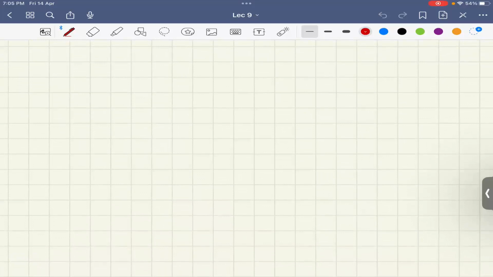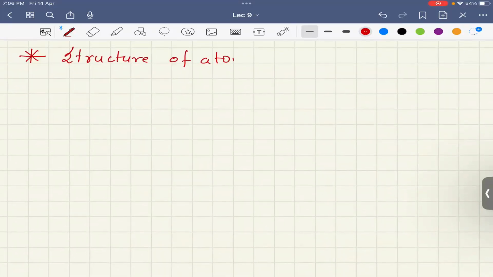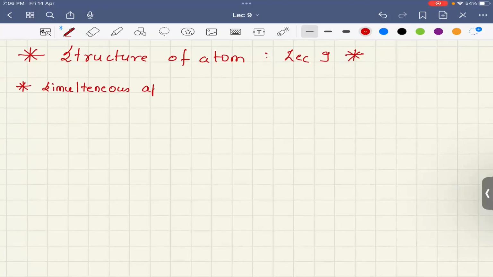The first topic, let me write the heading: Structure of Atom, Lecture 9. The first topic which we are going to study is the explanation for the simultaneous appearance of a large number of lines in the spectrum of hydrogen.